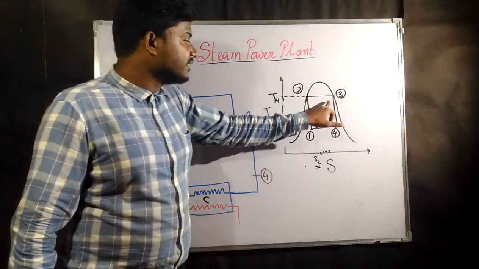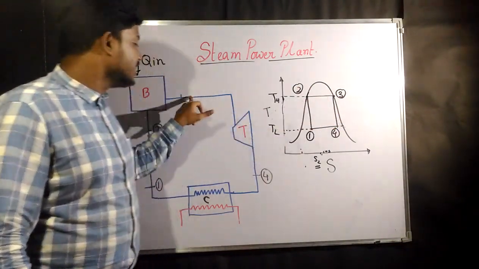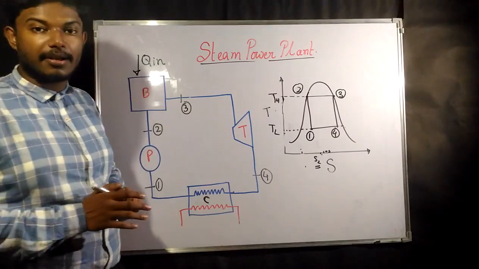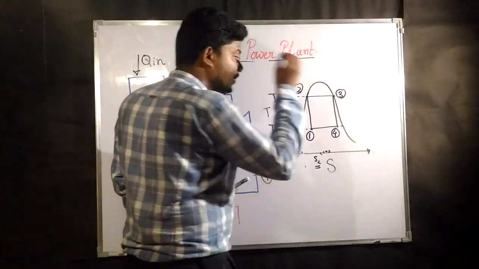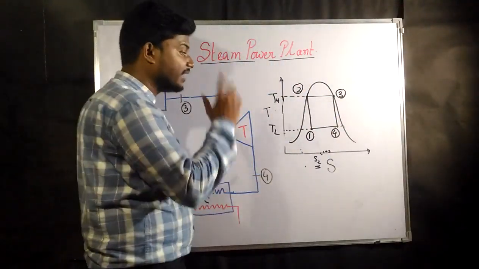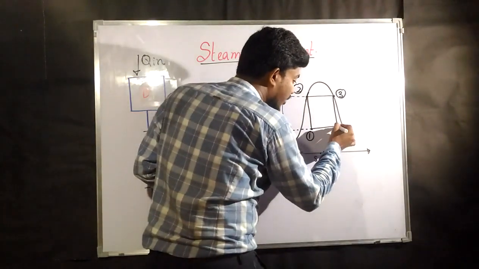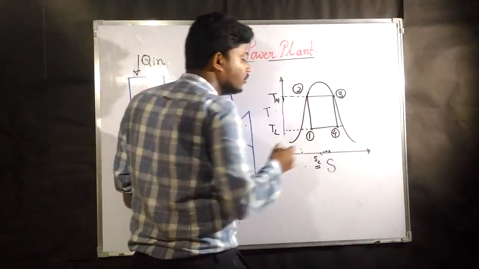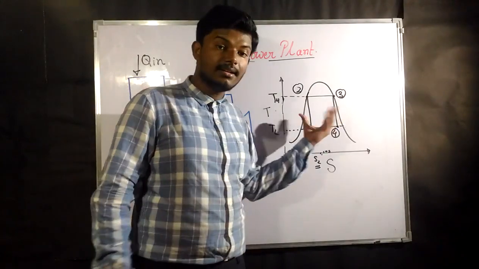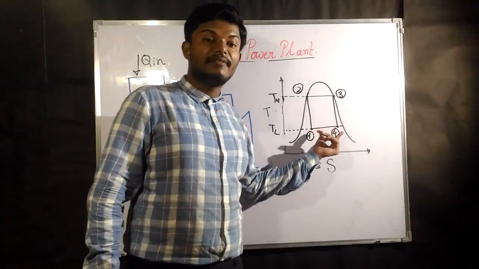Now after that it will expand in the turbine. From 3 to 4 it is going to expand in the turbine. After expanding in the turbine, it is coming to point 4. Point 4 is again inside the vapor dome.